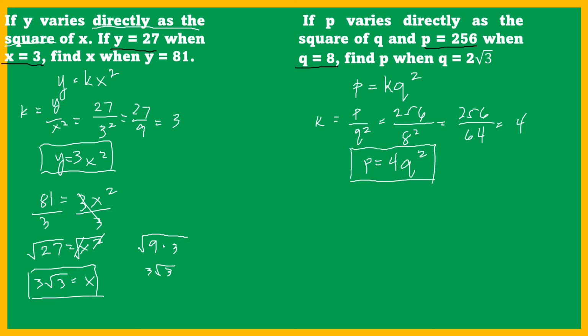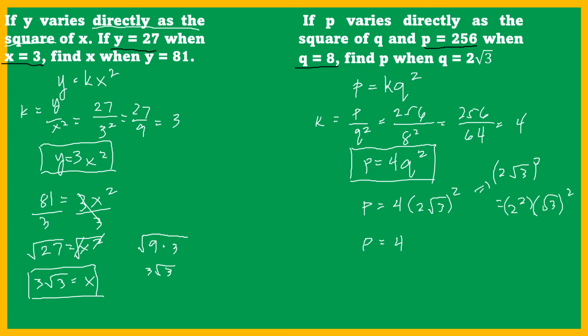And then, solving for P when Q is 2 square root of 3, we just substitute. So, P is equal to 4 times yung value ng Q, 2 square root of 3 squared. Okay, so P is equal to, ano yung value ng 2 square root of 3 squared? So, ang magiging sagot dyan is, lagay ko lang dito, 2 square root of 3 squared can be equal to 2 squared times square root of 3 squared.